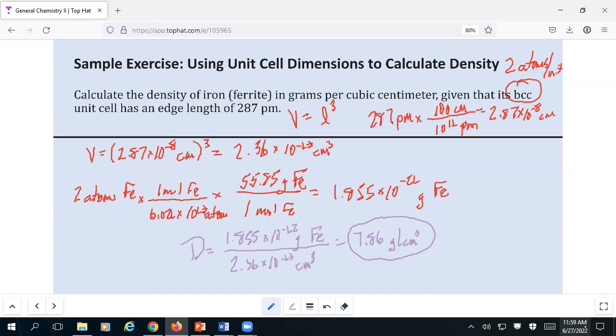So if you were curious, how do we come up with those values of densities for these different substances? This is largely how. It's not somebody in a laboratory doing a whole bunch of stuff by displacement. It's largely based on the crystallography.